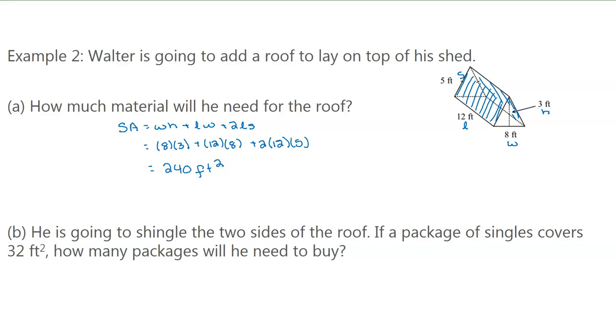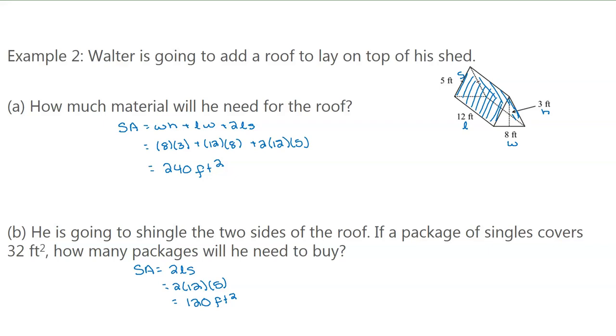Because if I'm only looking at the two sides, I don't need the two triangles and I don't need the bottom. The only part of the formula I'm interested in is the 2LS. So that's 2 times 12 times 5, which is 120. So he needs 120 square feet.